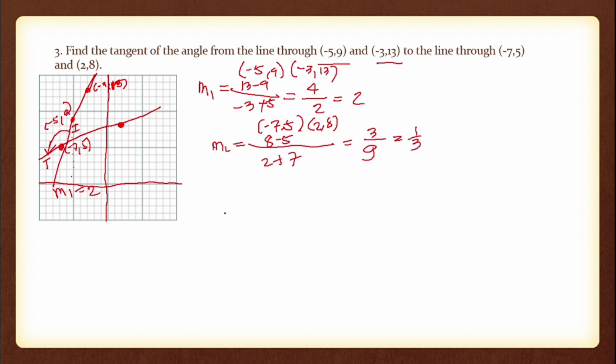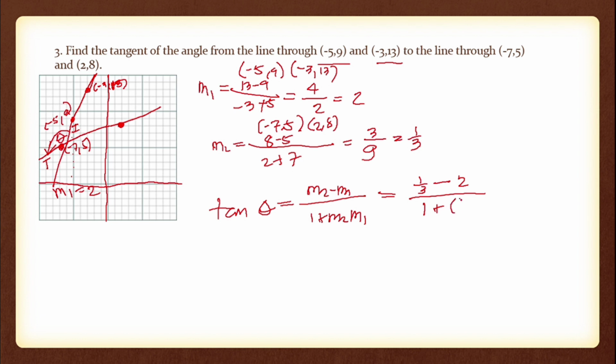So now we have tangent theta. If we name this one as our theta, therefore we have tangent theta equals m2 minus m1 over 1 plus m2 m1. So we have here m2, which is 1/3, minus our m1, which is 2, over 1 plus m2, which is 1/3, times 2, which is our m1.